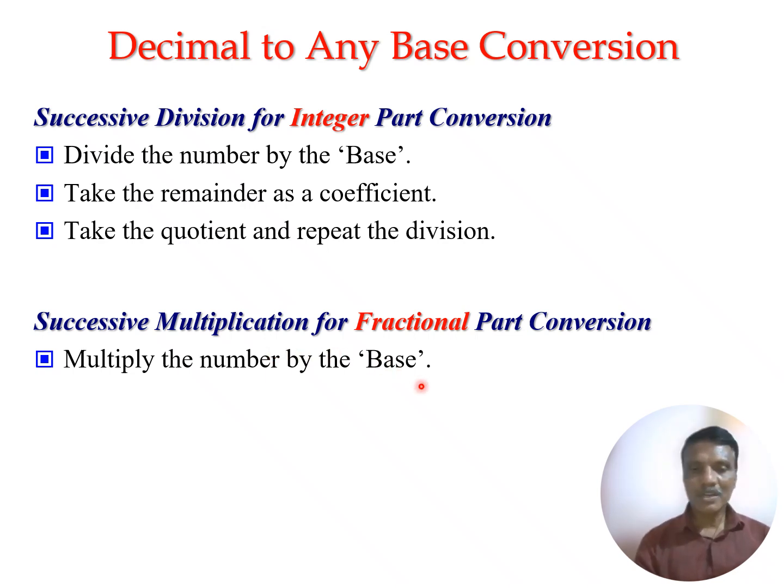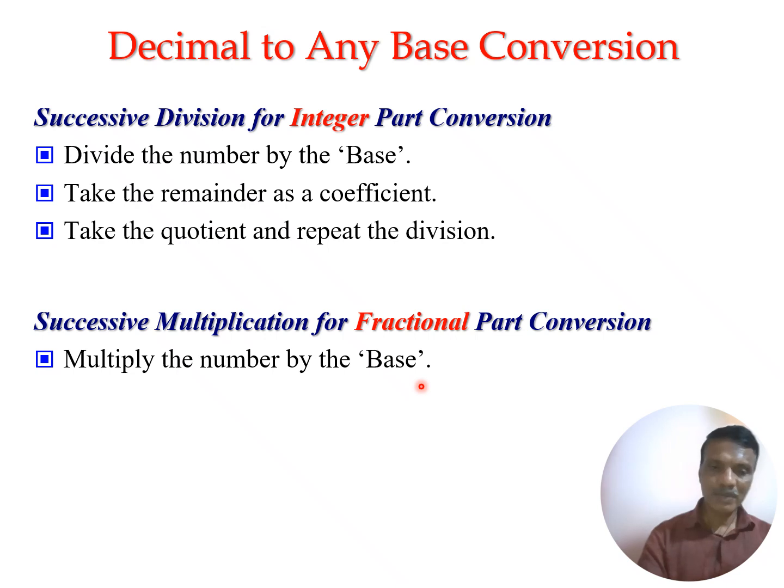The fractional part we are having is multiplied by the base value. For example, if I want to convert to binary, I need to multiply with 2, or if I want to convert to octal, multiply with 8, like that.